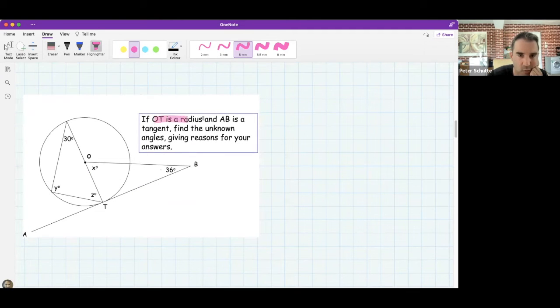So OT is a radius. Here's OT. AB is a tangent. So this is a tangent. Find the unknown angles. And the unknown angles are going to be X, Y, and Z. And so we'll do this question as best we can. And then we will take a halftime break.